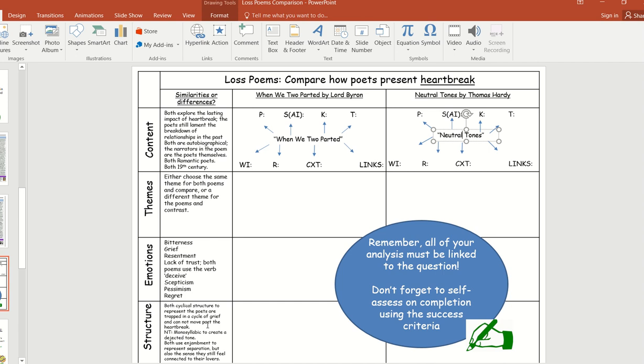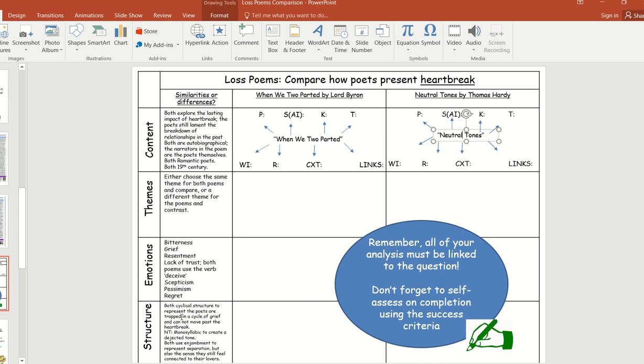Now structure. The key thing to remember here with these poems in relation to structure is that both of them are cyclical structures, and that is, they start and end in the same way. So if we think about a cycle, which is like a circle, starts and then goes back round, okay? Now, the reason why the poets have done that is it's not accidental, it is done with an intention.